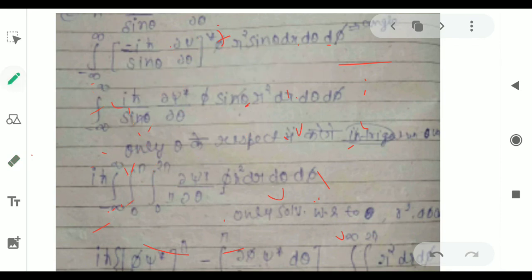Whatever function you are given, you will find the value of that function. Now here we will solve this function. We take r square and dr, and solve the limit by dr, d theta is solved by this limit, and phi is solved by this limit. Now we take the first and second function.